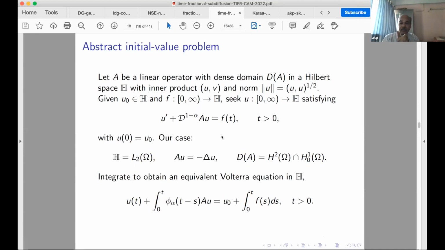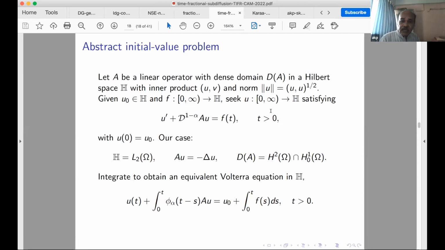So if A is a linear operator with a dense domain, and we will assume that A is self-adjoint and positive definite later on, having the inverse being a compact linear operator, then instead of minus Laplacian u in a bounded domain, you can replace it by any uniformly elliptic second order, or fourth order, self-adjoint operator. You can replace it by that.